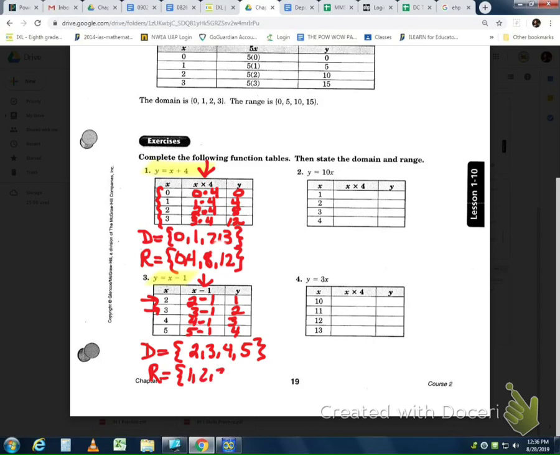Very good. So the domain is the set of all the x's. The range is the set of all the y's. Domain is input. Range is output. You do whatever the function rule is. You plug your input in there one at a time to find its matching output. Do you have any questions about how we did those?